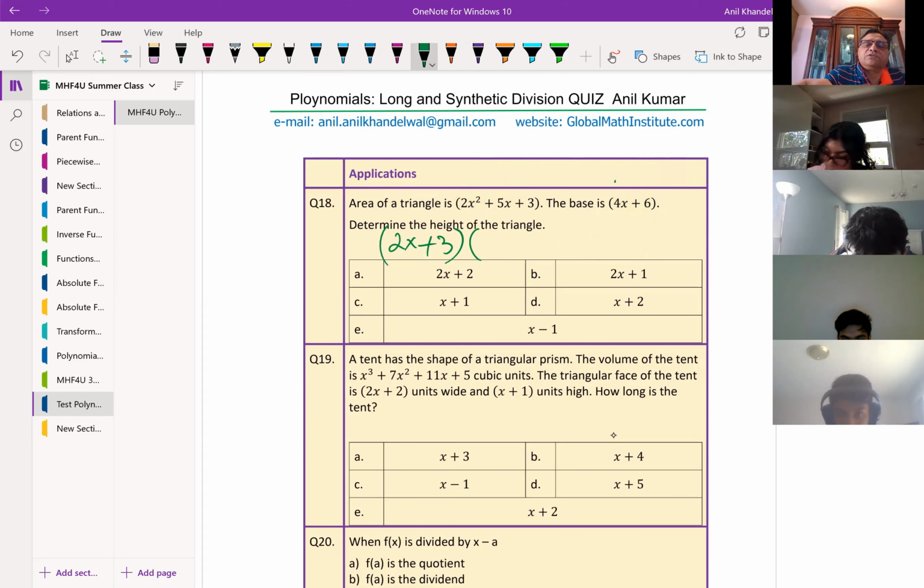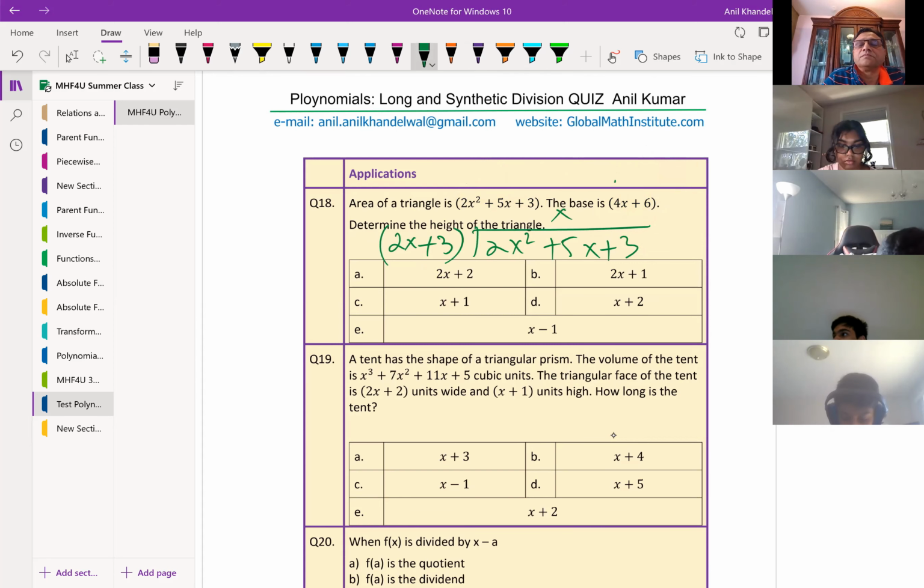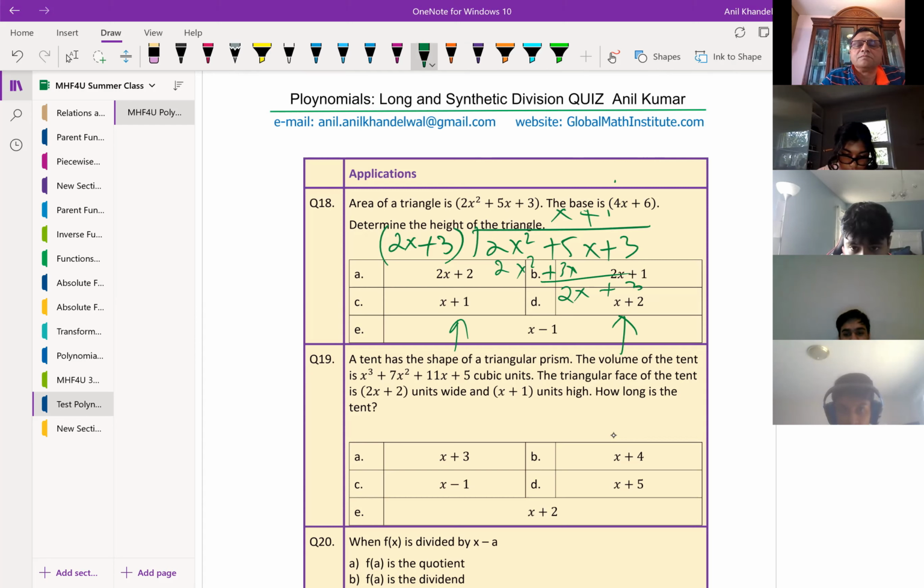You can do synthetic or long division as you wish. Sir, when I did it, I got x plus 1 too, because I did it the other way and I got 4x plus 6 divided by 4x plus 6.